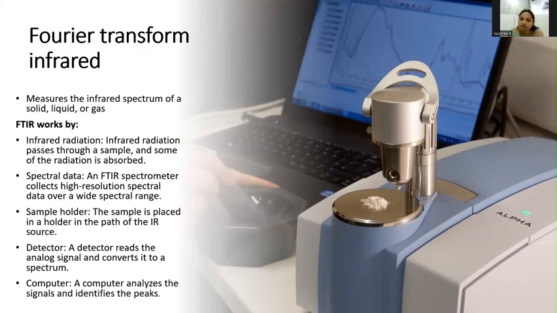This method is applicable both for crystalline and amorphous samples, because it is just going to look at the functional groups. If you have polymeric samples, mostly amorphous, you can use Fourier transform infrared to identify what kind of polymer it is and what functional groups it has.